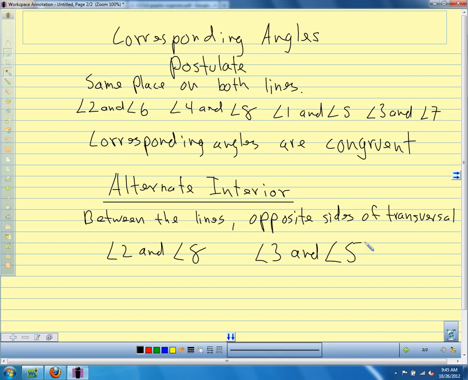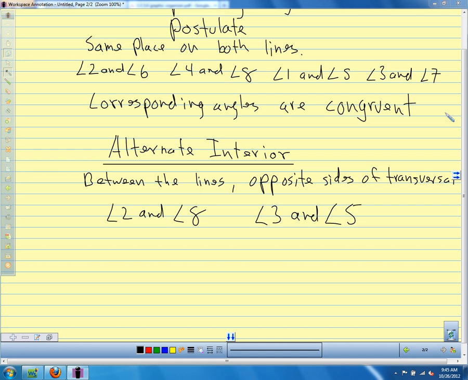Inside, between the parallel lines, on opposite sides of the transversal. Alternate interior angles are congruent. So angle 2 and angle 8 would be congruent, and angle 3 and angle 5 would be congruent.